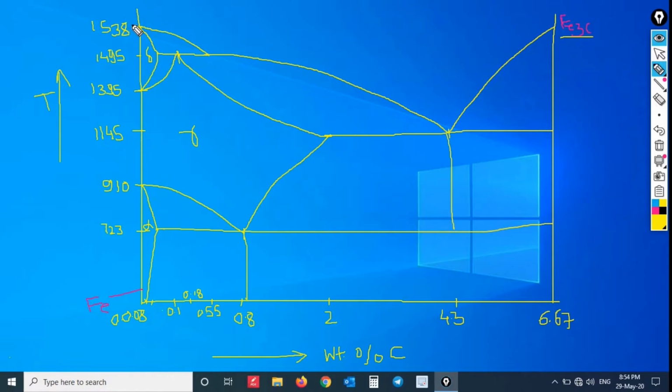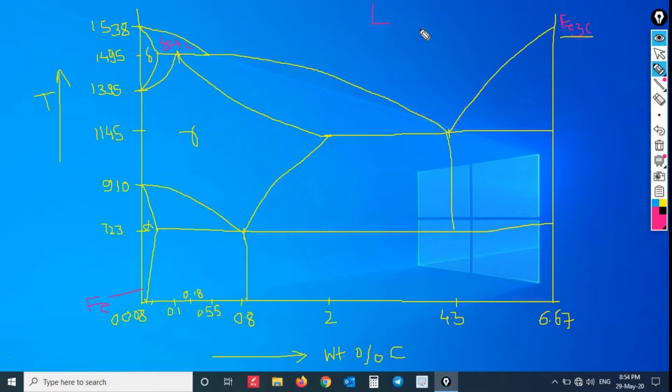Above 1538 degrees Celsius we have complete liquid. The melting point of iron is 1538 degrees Celsius, so above this we have completely liquid. The region between liquid and delta is delta plus liquid.